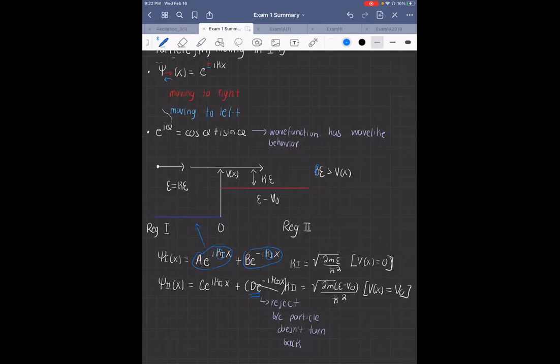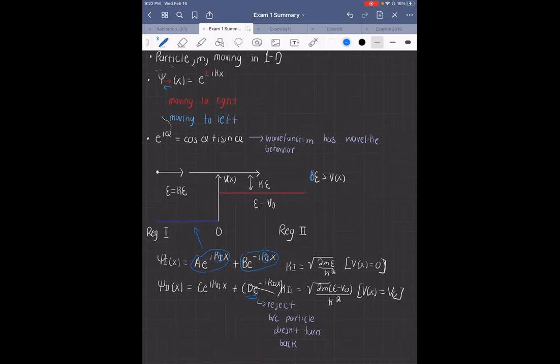The particle at first is just traveling in free space and doesn't have any potential. Does that make sense so far? As it goes to x equals 0, it's about to pass over a barrier, and the wave function before it crosses can be described with this wave function.